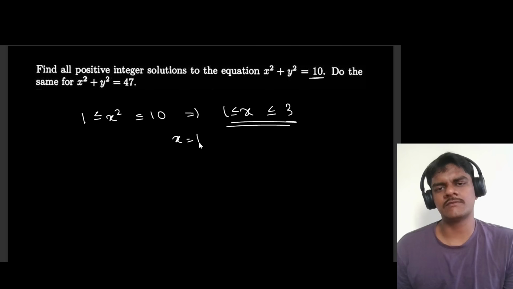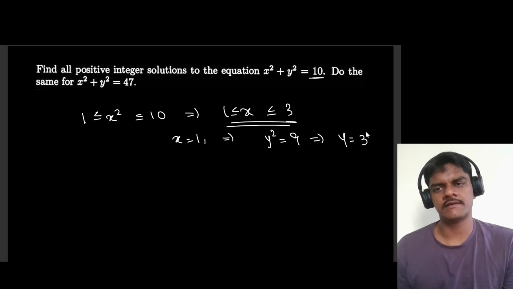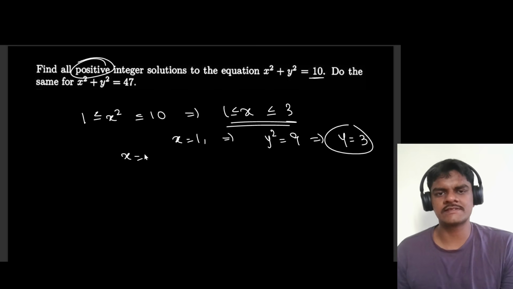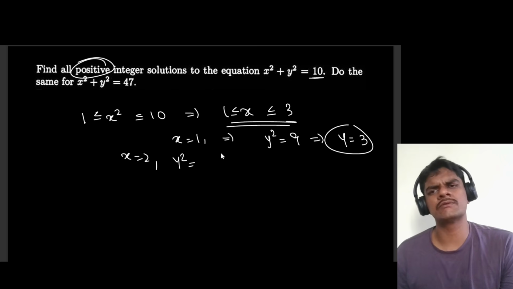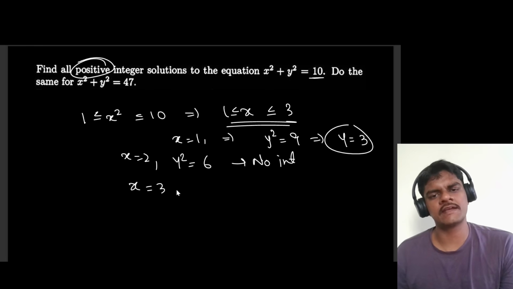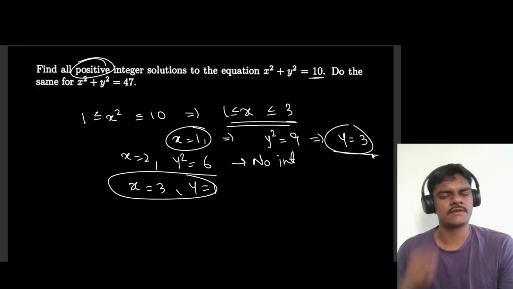So x can be 1. If x is 1, then y square equal to 9. That implies y is 3. We're only interested in positive. If x is 2, y square is equal to 6, no integer solution. But if x is 3, y will be equal to 1. These two are solutions, integer solutions. That is fine.